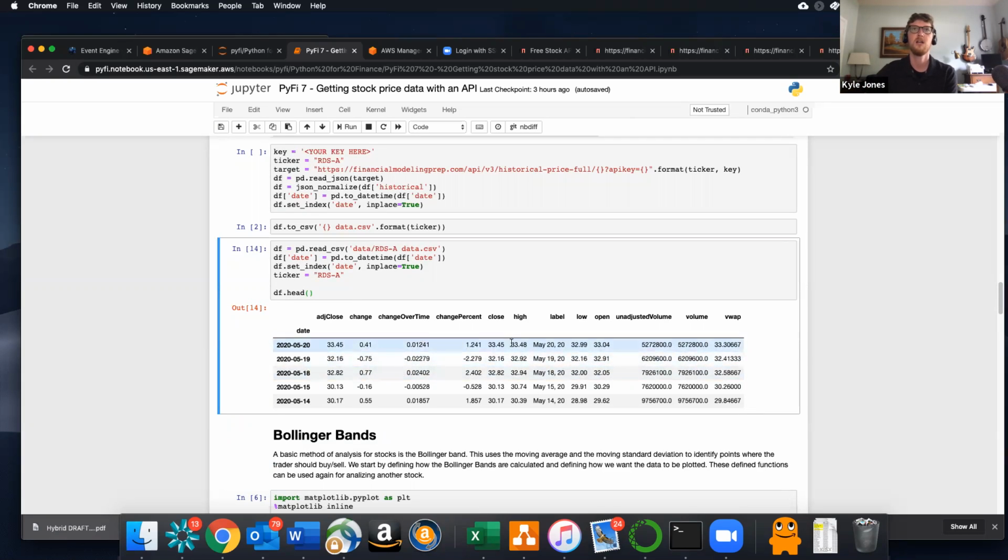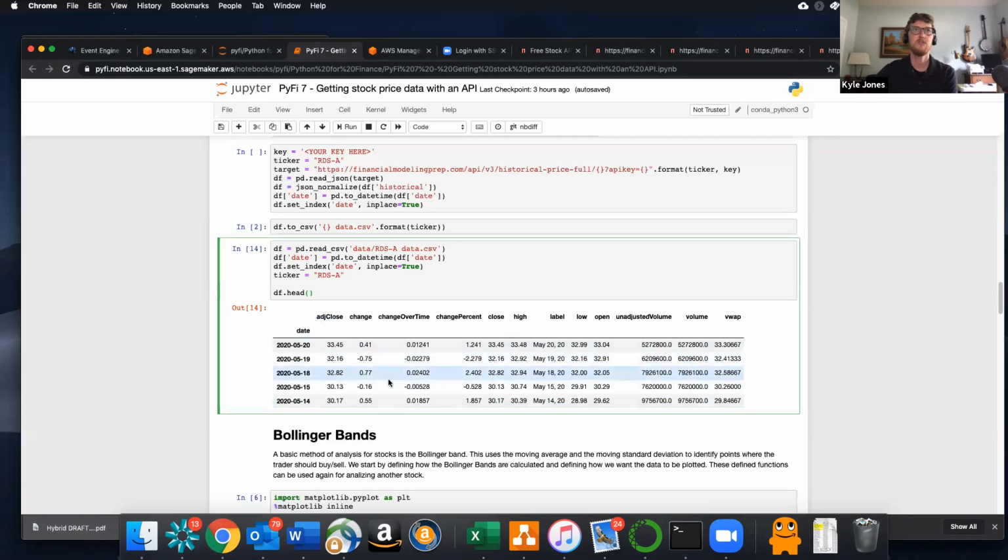It gives me a lot of information just when we begin. I have the close, the daily high, the low, and the open for every day that it's open, as well as information on the volume of trades and the percent change from one day to the next, the total value change, and the adjusted close, which is just a normalized way of taking into account the changing number of shares outstanding.